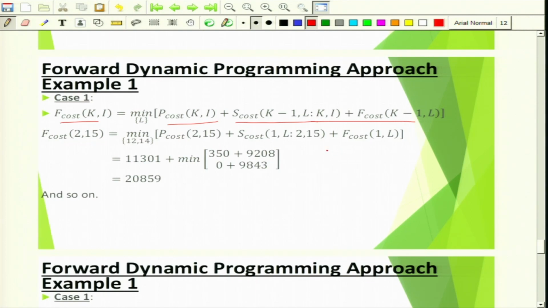Startup cost from all those saved strategies, most economically saved strategies in the previous interval. It was not just 1, it was not just 12. We have shortlisted 12, 14, the top two economical strategies.